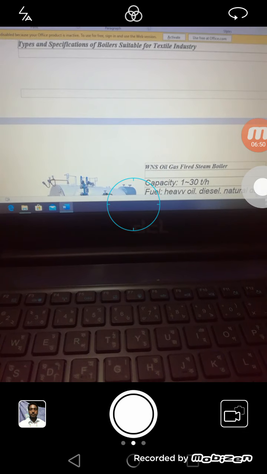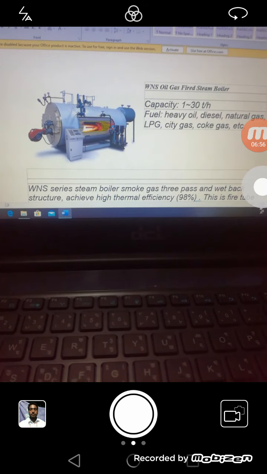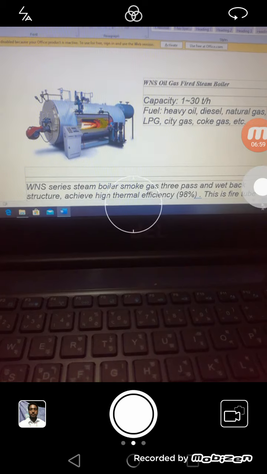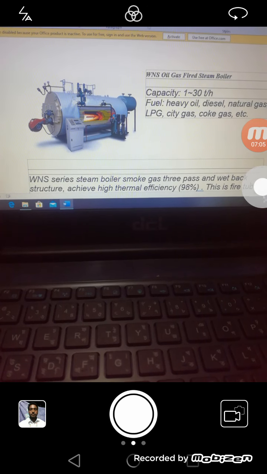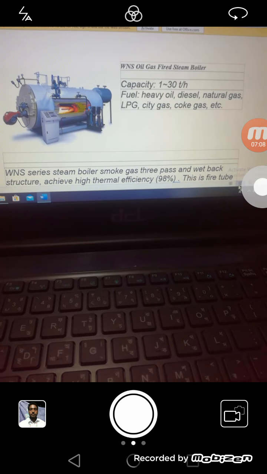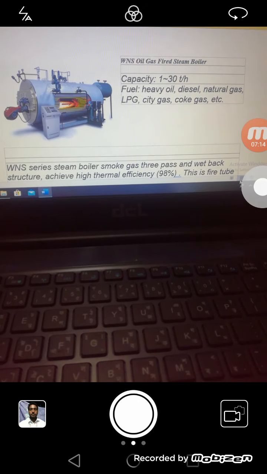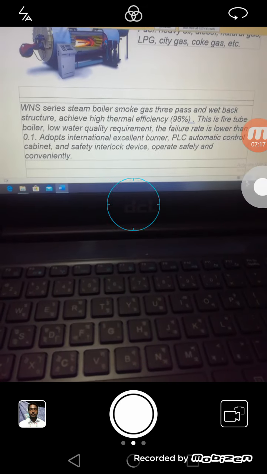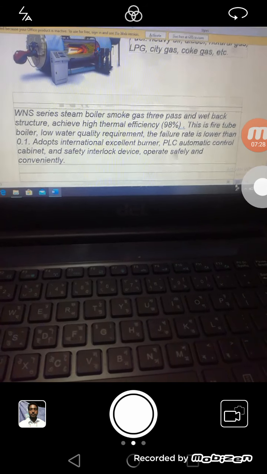Types and specification of boilers suitable for the textile industry. Here I present a boiler picture with some description. WNS oil gas fired steam boiler. Here this boiler capacity is 1 to 30 tons per hour. Fuel is heavy oil, diesel or natural gas, LPG or city gas, and coke gas, etc. The WNS series steam boiler, with smoke gas three-pass and wet back structure, achieves high thermal efficiency of 98%.